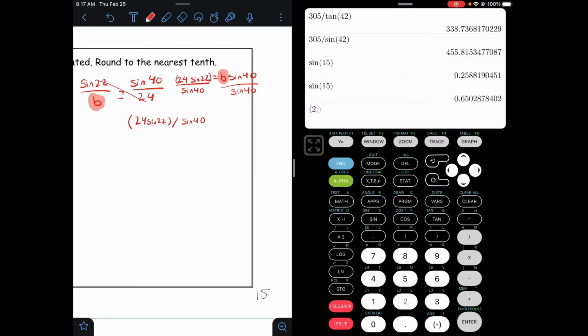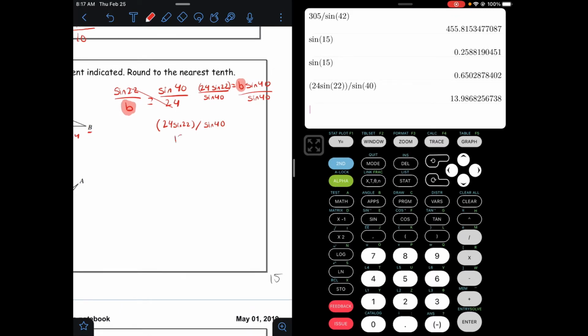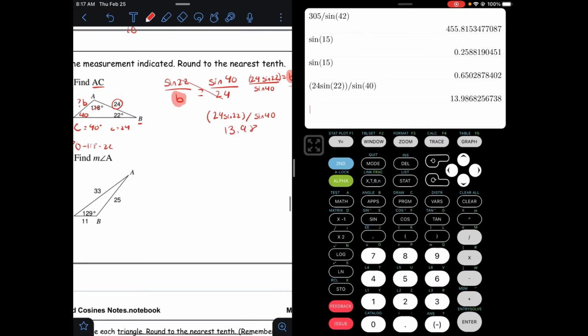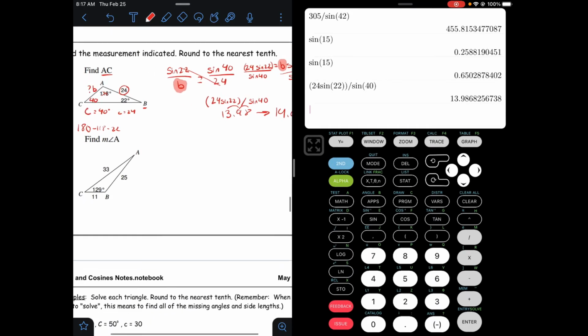We've got 24 sine of 22 divided by sine of 40, and I got 13.98. They want us to round to the nearest tenth, so that's going to end up getting rounded to 14.0. The reason is the 8 rounds the 9 up, and the 9 then rounds the 3 up. So we end up with 14.0.